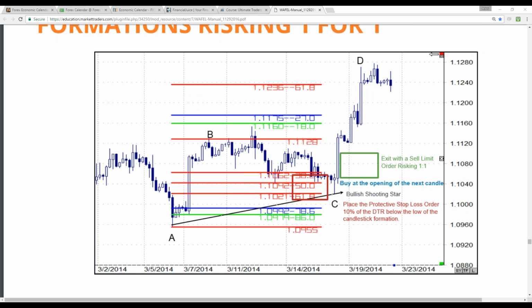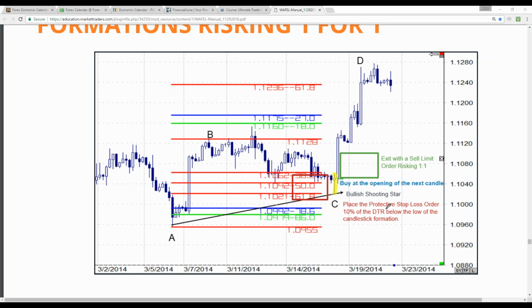At the AB at a 618 pullback, the market gives me a bullish candlestick formation, in this case in the shape of a bullish shooting star. So I will be looking to get in at the opening of the following candle right here.